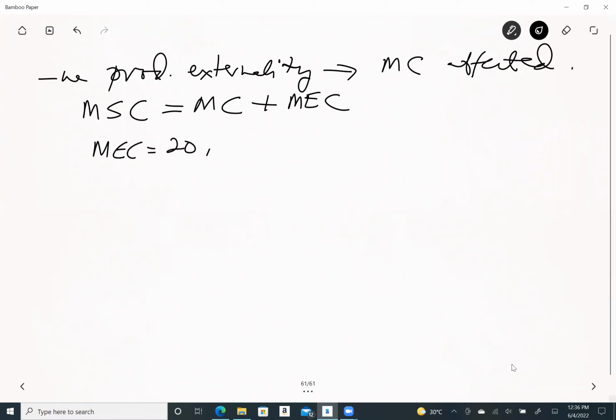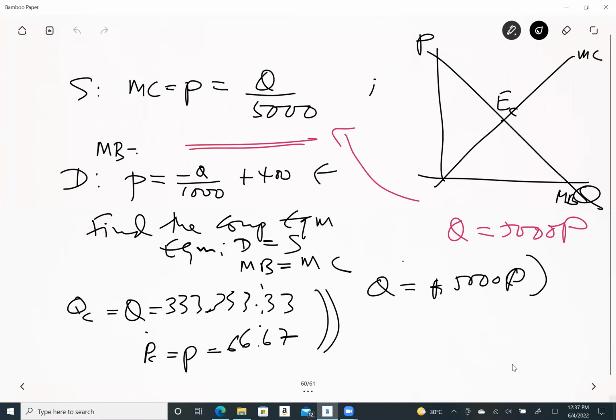So what is your MSC? Your MSC will be equal to MC. MC is Q over 5,000, right? Plus MEC equal to 20. So that is our marginal social cost. And as you can see, the marginal social cost will be up there.